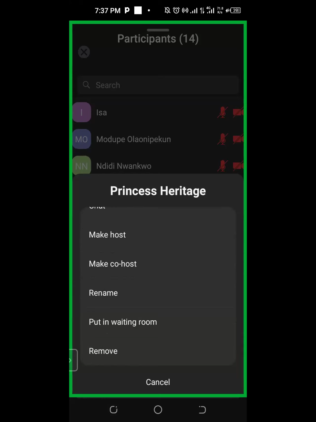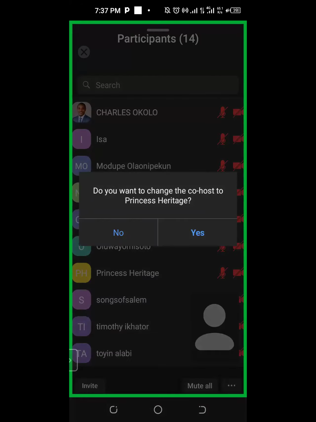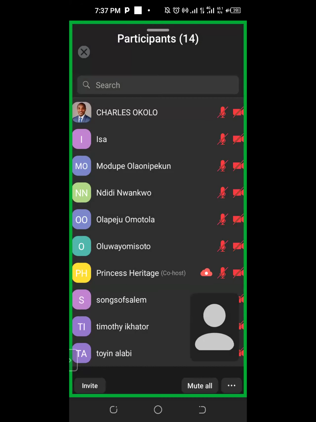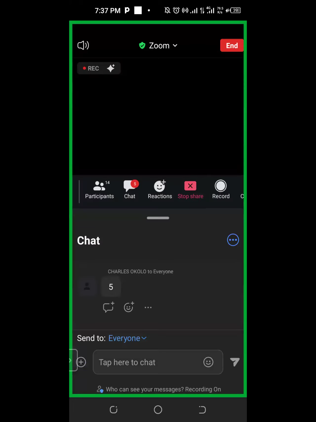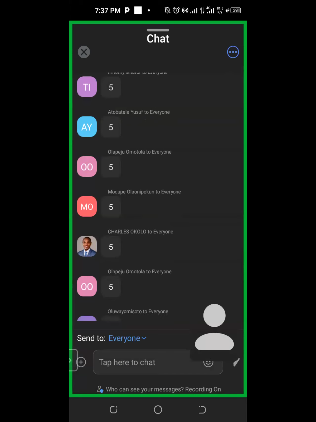Please, if you are hearing me loud and clear and seeing my screen, type 5 in the chat. If you are hearing me cracking, maybe you are using Glo lines, sir, or any other network that is not strong.